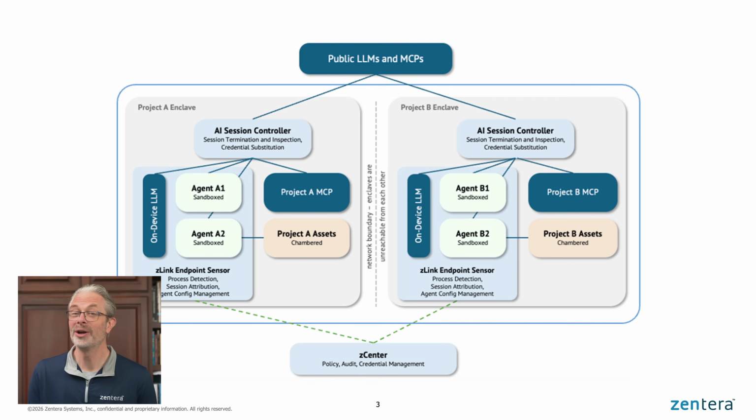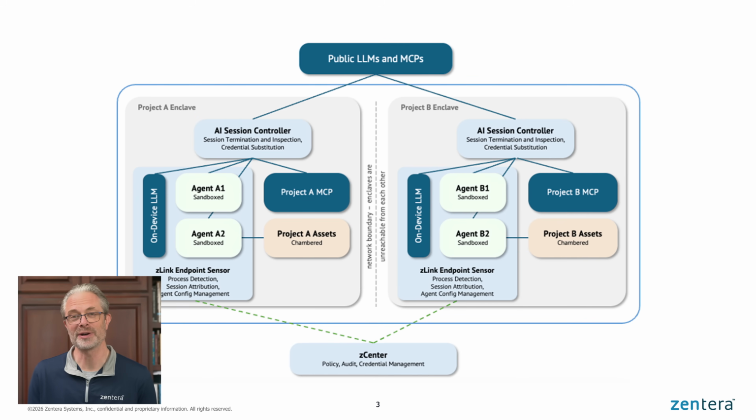And that's why Zentera has built a unique architecture to control agent traffic and to ensure that agents behave as intended. Our zLink agent deploys onto user and server machines. It can identify thousands of agents, map out tools and user flows, and then with the help of our orchestration platform, it ensures that AI traffic is sent to our session controller.